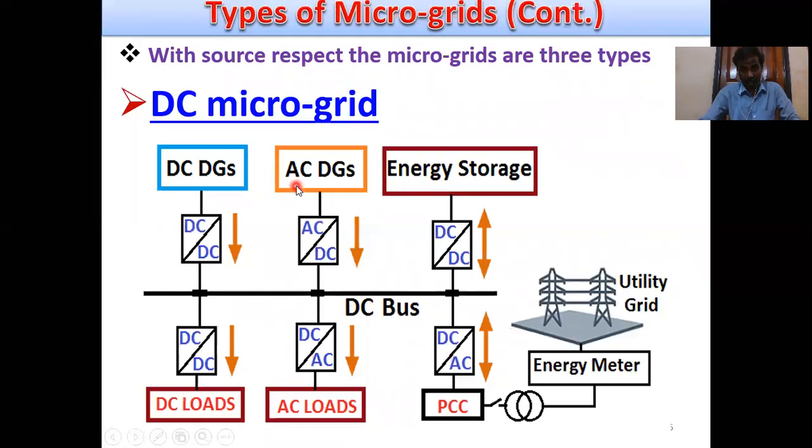And another, AC distributed generation, is connected through an AC to DC converter to the DC bus. Another is energy storage, which is also connected through a DC to DC system, and here DC and AC are both connected with respect to load. And this is the utility grid. This type of microgrid is simple, reliable, and its efficiency is high.